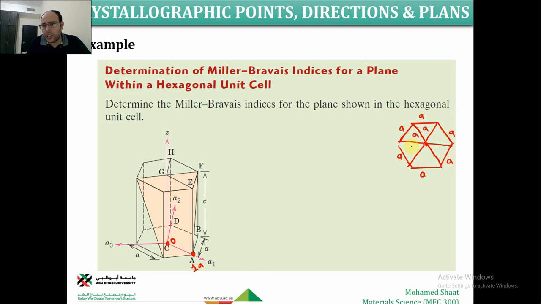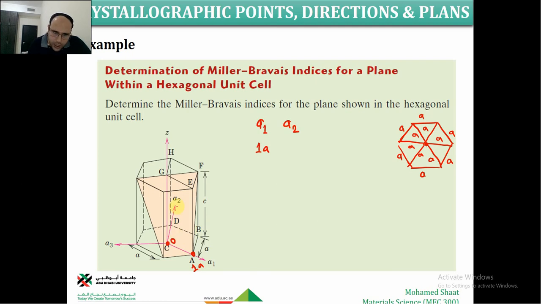So these are the specifications that you should know and understand about this hexagonal base. It means that the distance from O, the origin point, to point A is already A, so the plane intersects A1 at 1A. How about the A2 axis?